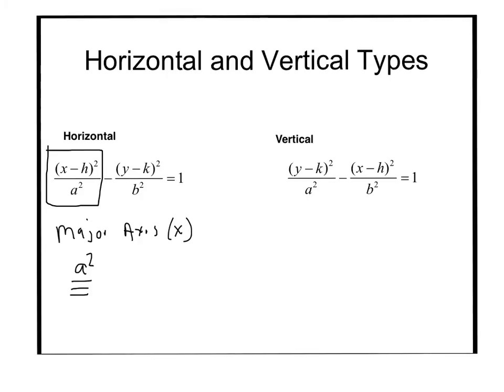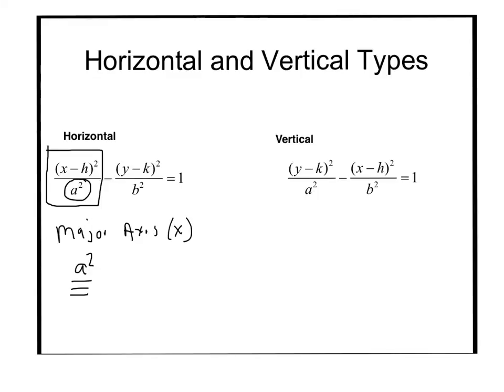And this one, there's a different word for it. We can either call it the conjugate or the transverse. And I'm going to do that on the other slide. But we used to call them a vertical major or horizontal major. So this major axis is x because the a squared is underneath x.